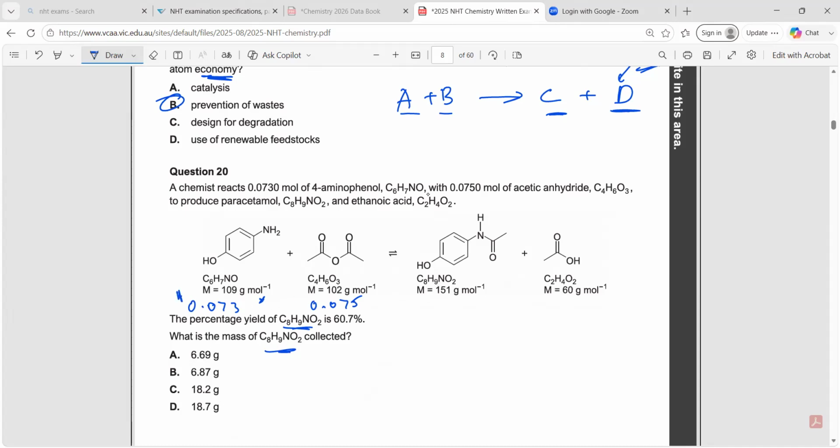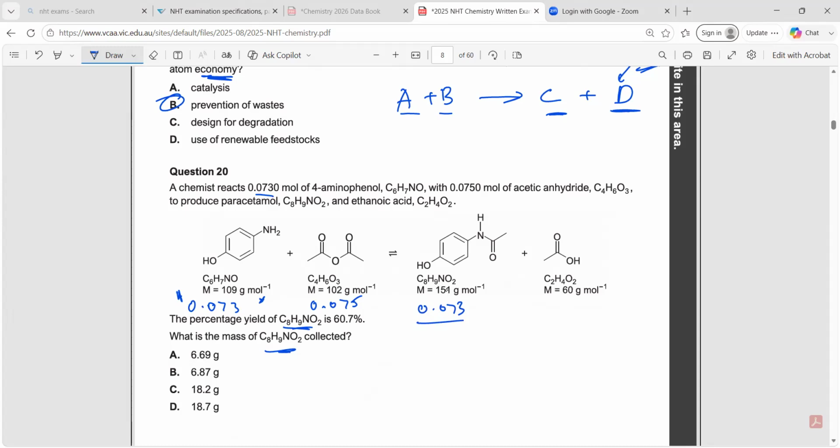Because there's a 1-to-1 molar ratio, we want to find out the molecule that's the limiting reactant. And because there's less of 4-aminophenol, we're going to use this to dictate our stoichiometry. So 0.073 means that there's 0.073 moles of this produced.